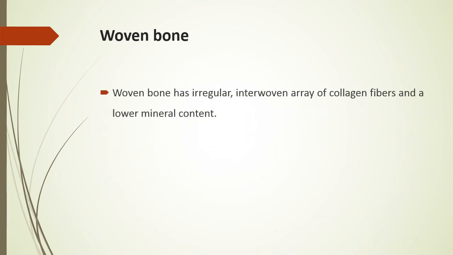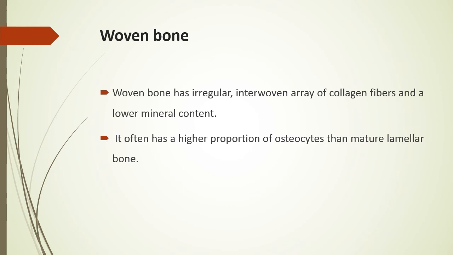Woven bone has an irregular interwoven array of collagen fibers and a lower mineral content. There is a random distribution of collagen fibers, and less mineral salts than lamellar bone, and it also has a higher proportion of osteocytes than mature lamellar bone.